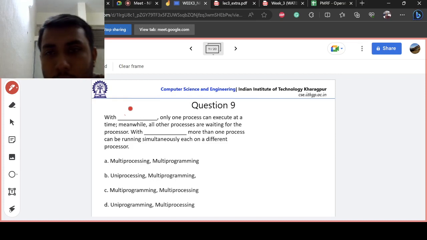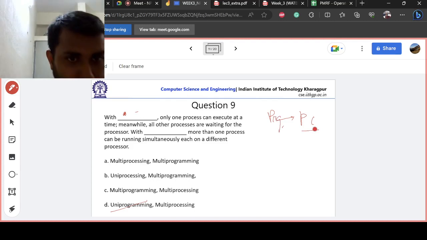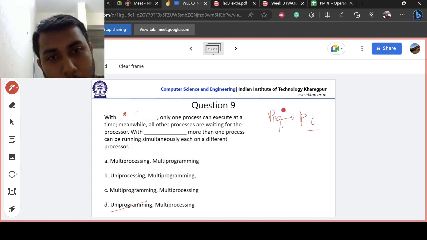Basically, this is uniprogramming. Only one process runs at a time. So you have your program PRG, and only one process P1 is running at a time. So only one program is running.